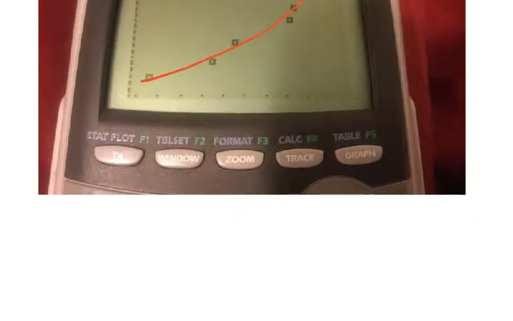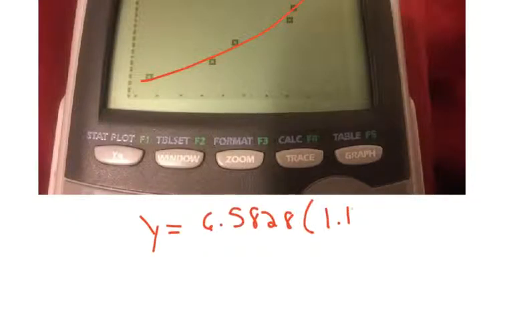My exponential regression appears to be y equals 6.5828 times 1.1769 to the x.